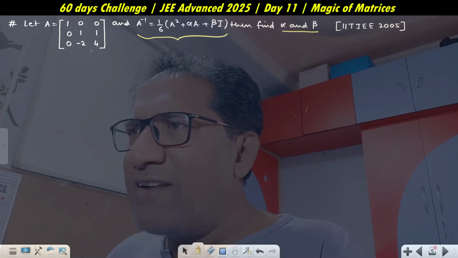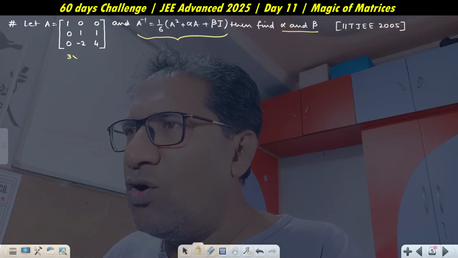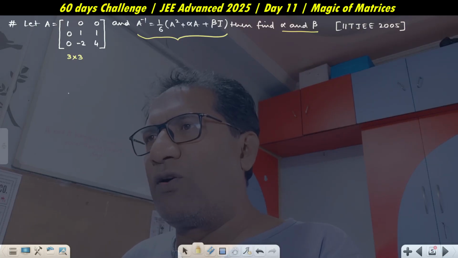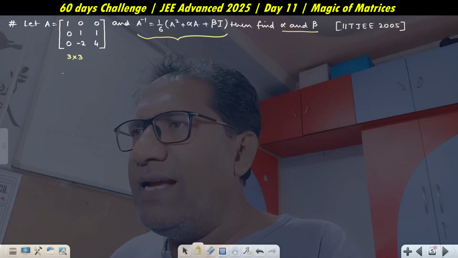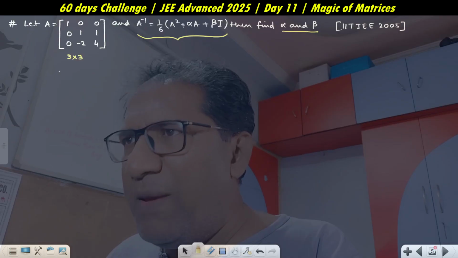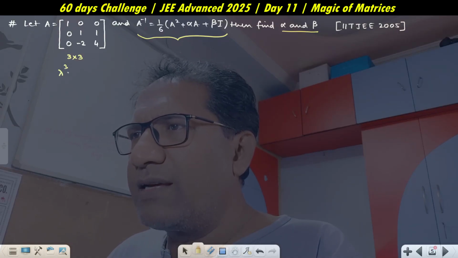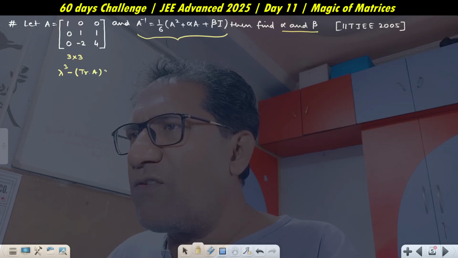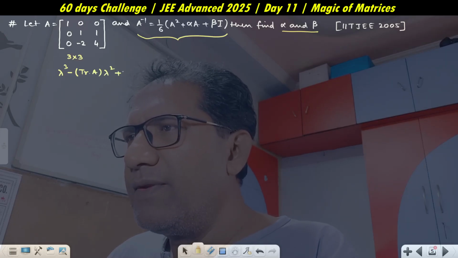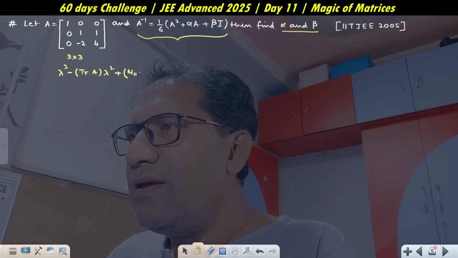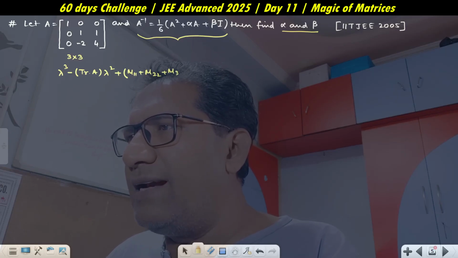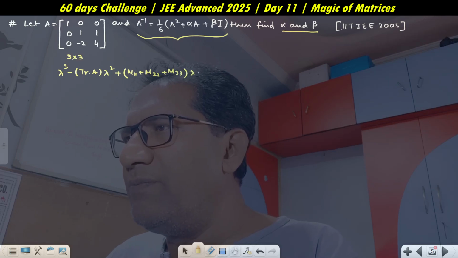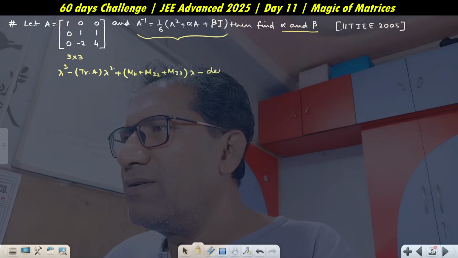See, your A matrix is given, which is actually a square matrix of order 3. Therefore, its characteristic equation will be lambda cube minus trace of A lambda square plus the sum of the minors of the diagonal elements into lambda minus det of A equals to 0.